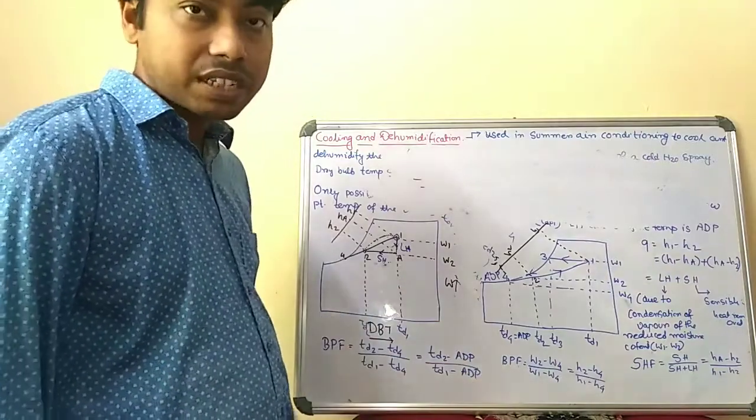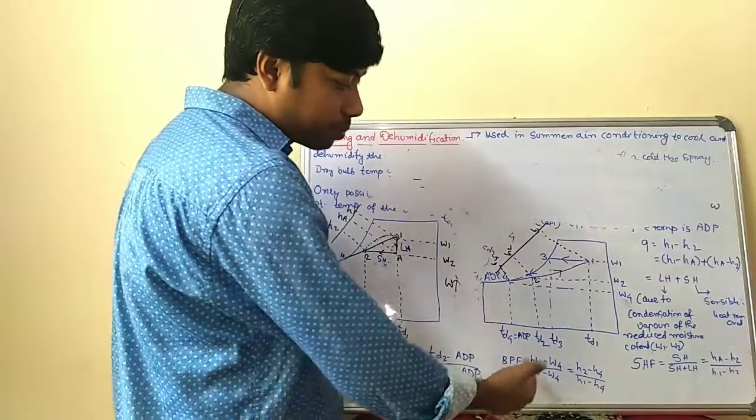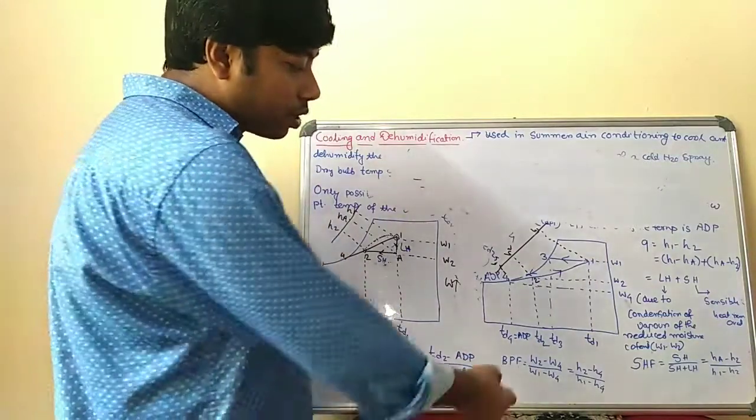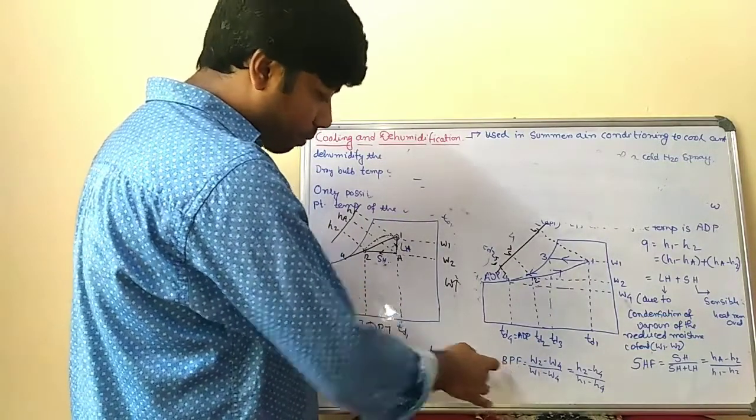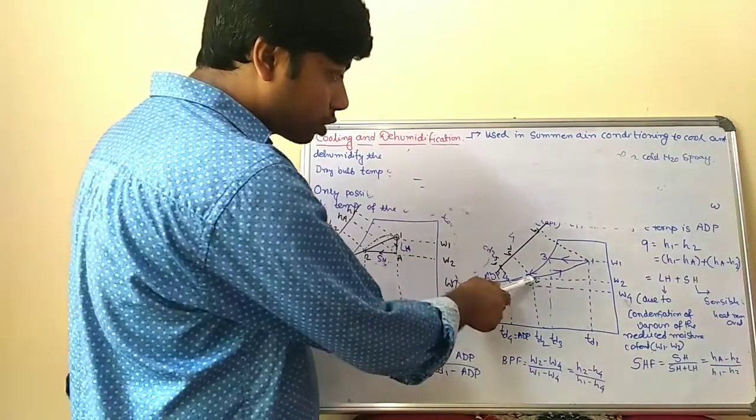The bypass factor can also be written as a function of specific humidity or in terms of enthalpy. So this is TD2, the 2 point, with corresponding specific humidity W2, and TD4 with corresponding W4.